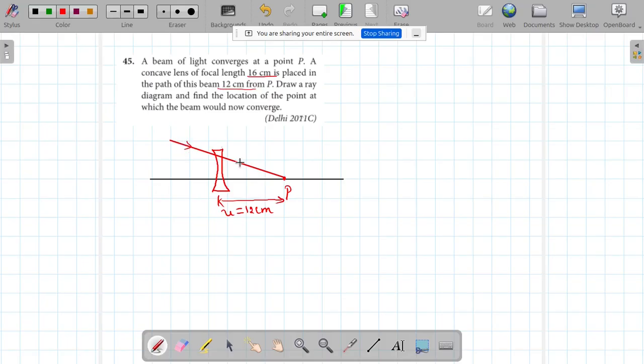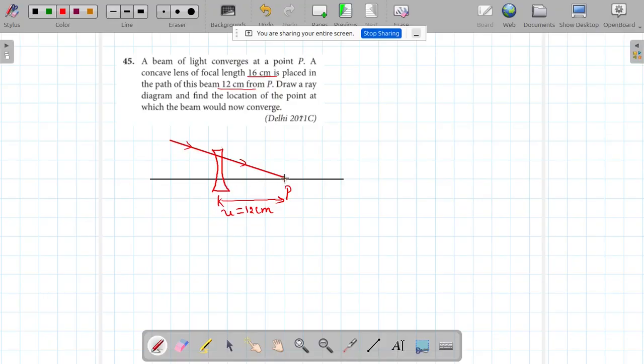Before inserting the concave lens, the ray is converging at point P. Now we are inserting the concave lens at a distance 12 centimeter from this point.